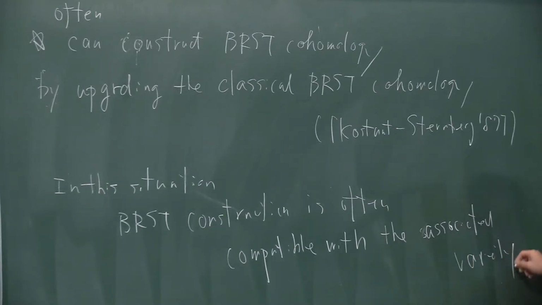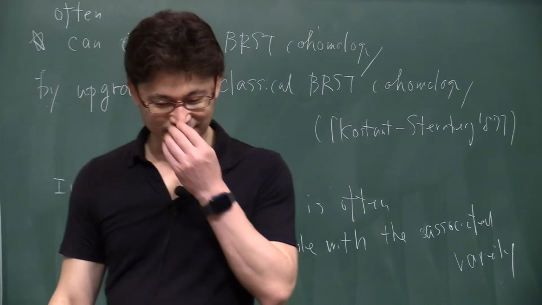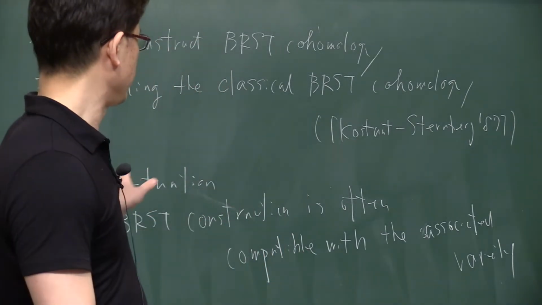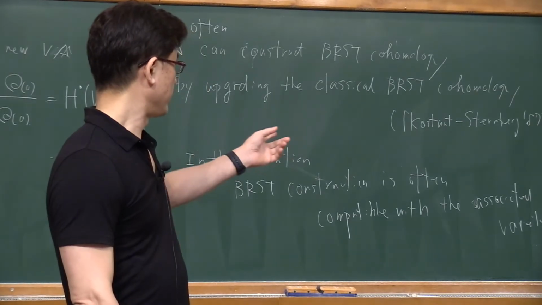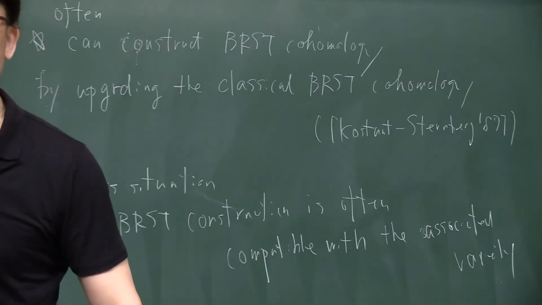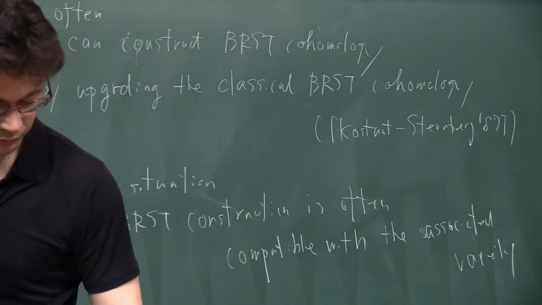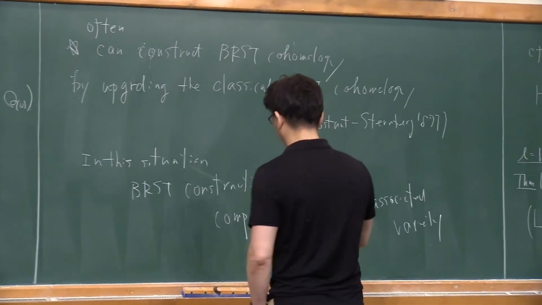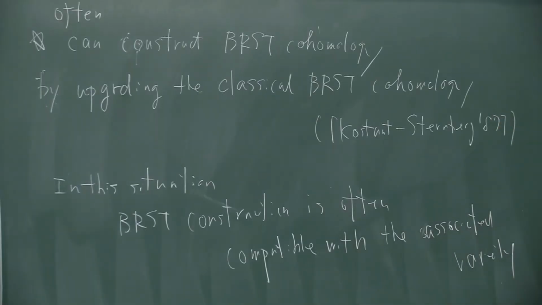I'll explain what I mean by this in a minute, but maybe not today, maybe tomorrow. I don't know how the associated variety behaves under other constructions, but somehow the BRST construction is most appropriate for the associated variety approach. Okay, so my digression is over. Any questions?